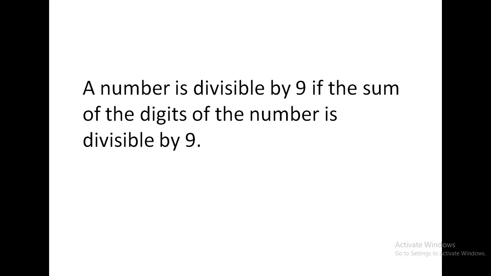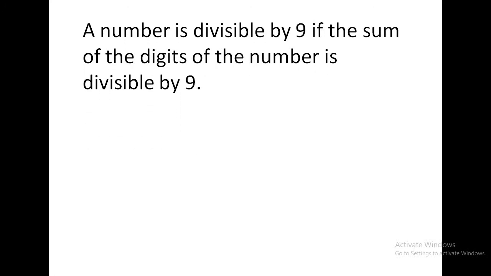Moving to the divisibility test of 9. A number is divisible by 9 if the sum of the digits of the number is divisible by 9. Children, it is the same as what we have done with the divisibility test of 3. The only difference is that there the sum is divisible by 3 and here the sum of the digits should be divisible by 9.